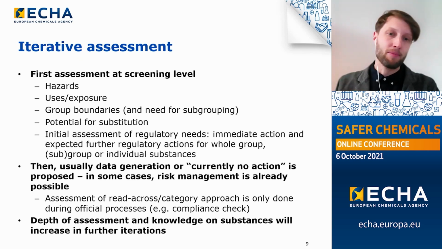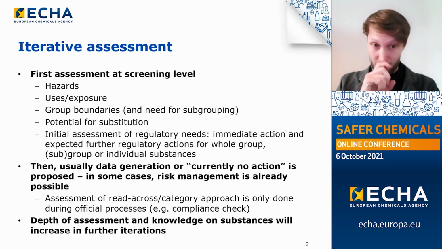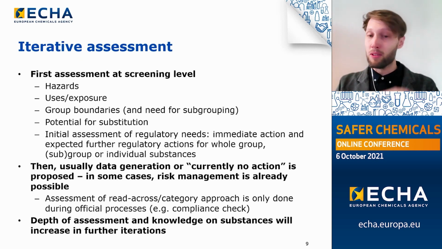In some cases, also risk management is already possible. And like I said, the read across the categories, they are only checked in the official processes, for example, in compliance check. And with each iteration of our assessment, the depth and the knowledge on the substances will increase further.